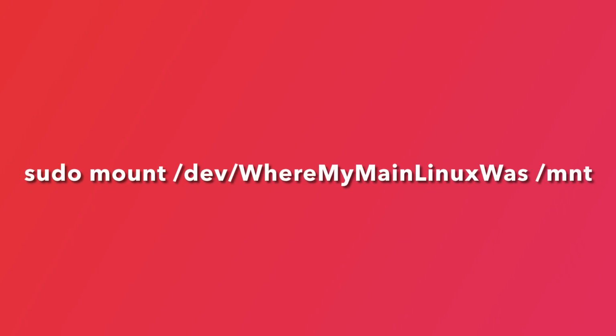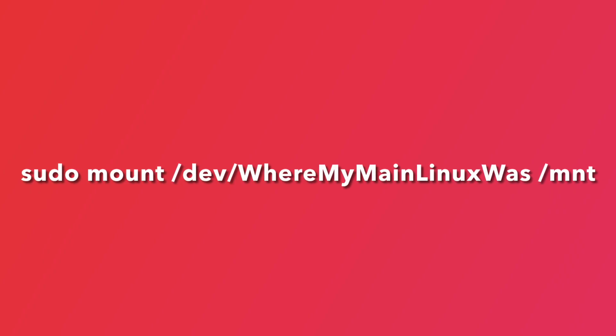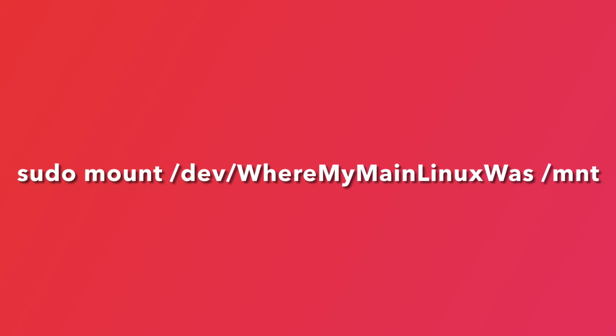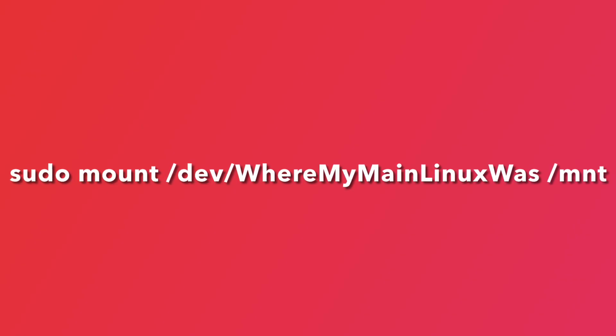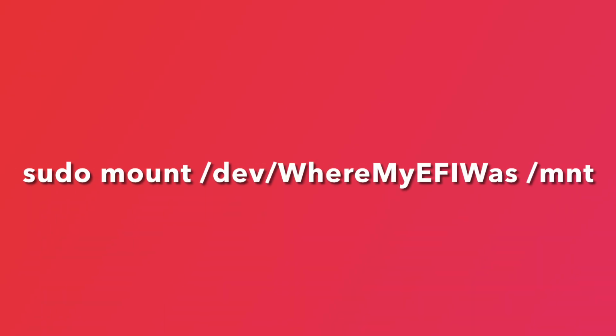After making the necessary folders, we need to mount both our main Linux software where it was located and also where our EFI file was located. For me, it was in two different NVMe partitions, so I typed their names correctly: NVMe blah blah blah, NVMe blah blah something else. It may differ for you.